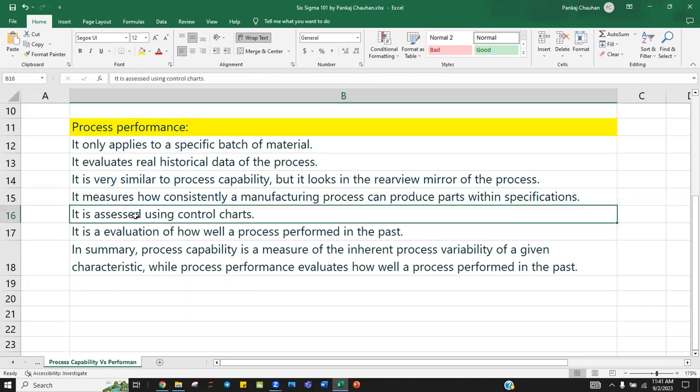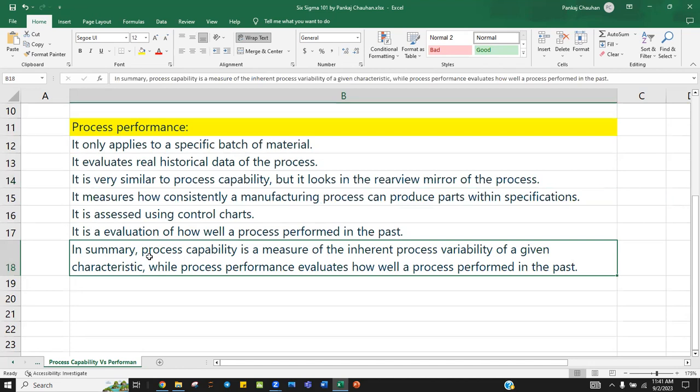It is assessed using the control chart. It is an evaluation of how well a process performed in the past. In summary, process capability is a measure of inherent variability of a given characteristic, while process performance evaluates how well the process performed in the past.